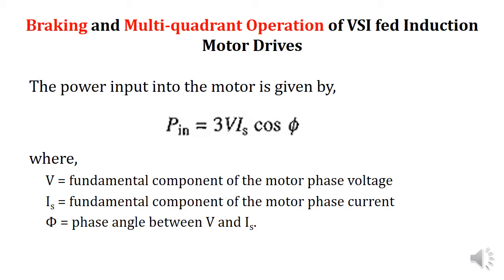So for the power Pin to be positive, the value of cos phi should be positive. That is, the value of phi should be less than 90 degrees during motoring, and we have to make it greater than 90 degrees if we have to shift the operation to braking.